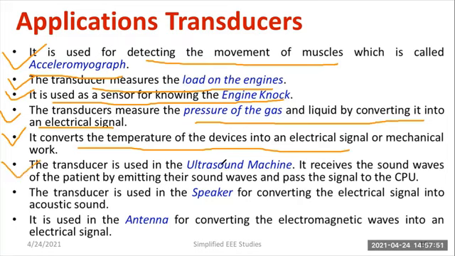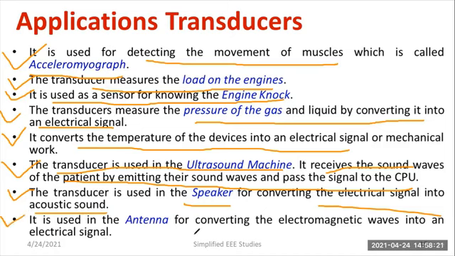And in biomedical applications, this is highly unavoidable. The transducer is used in ultrasound machines. It emits sound waves, receives the sound waves from the patient and passes them to the CPU and that particular computer. The input will be a sound waveform and the output will be in the form of an electrical signal that will be observed on the computer. Then a transducer is used in the speaker for converting an electrical signal into acoustic sound.